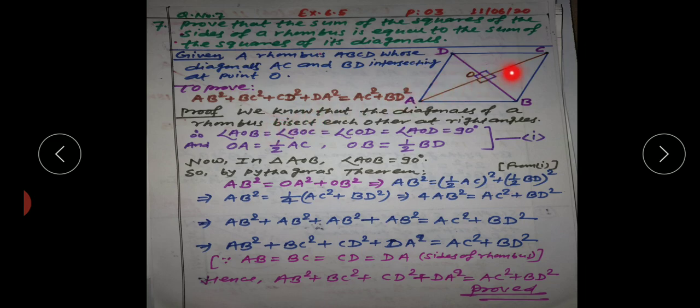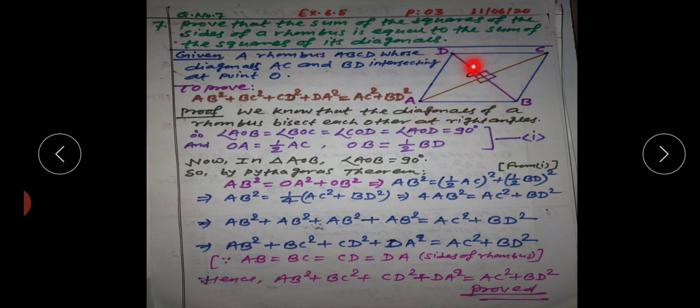As we know, in a rhombus the diagonals bisect each other at right angles. Therefore angle AOB will be equal to BOC, equal to COD, equal to AOD, and each will be equal to 90 degrees, because diagonals bisect each other at right angles.